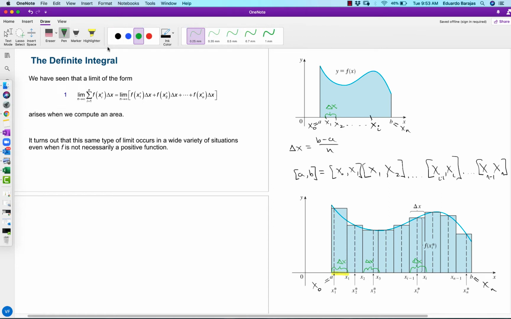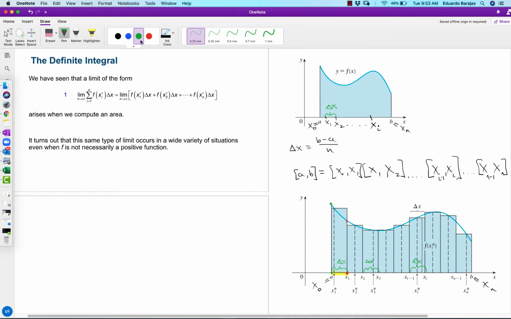One idea was to use the right-hand rule. That would mean to use the point farthest to the right in the base of the rectangle. That would make the height of that rectangle right around there. Or we can use the left-hand rule, which means that we use the point that's farthest to the left of that segment, which would make the rectangle about this tall.